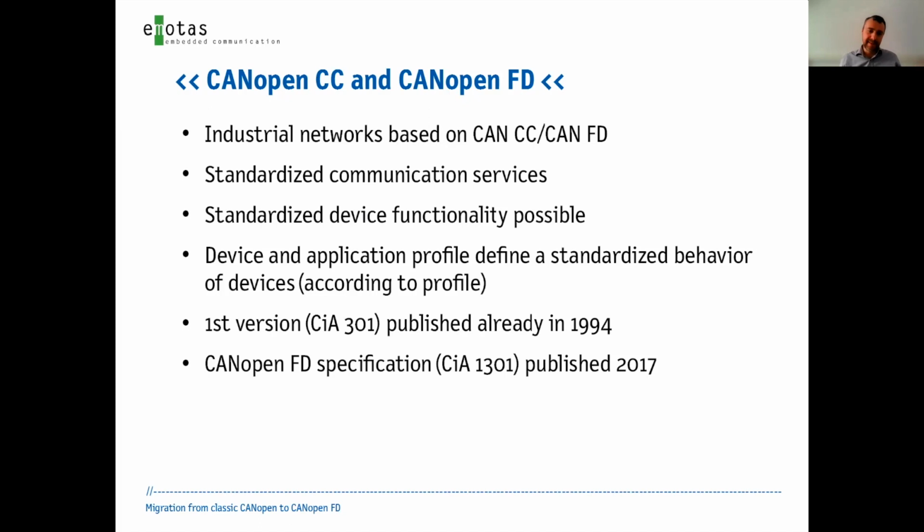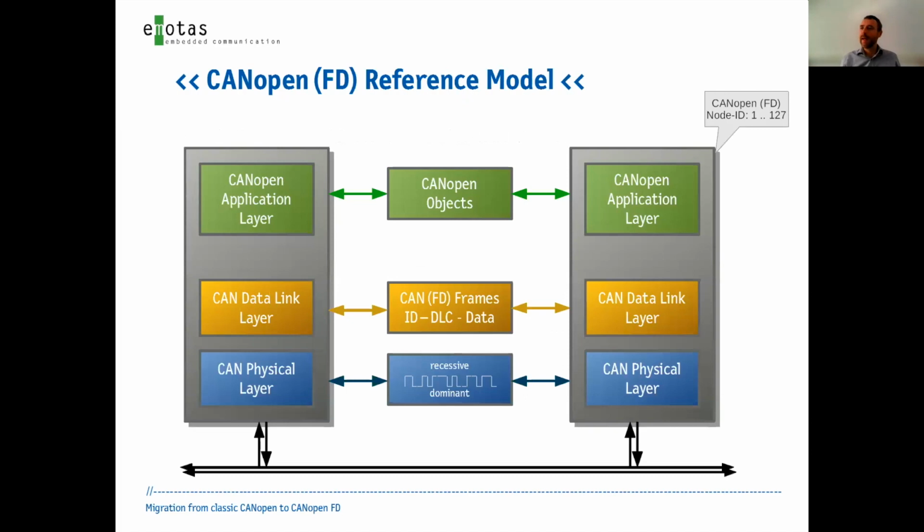Now the short introduction into classical CANopen and CANopenFD. These boxes shall be classical CANopen or CANopenFD devices. The basic idea is that on the CANopen application layer, the devices exchange so-called CANopen objects.